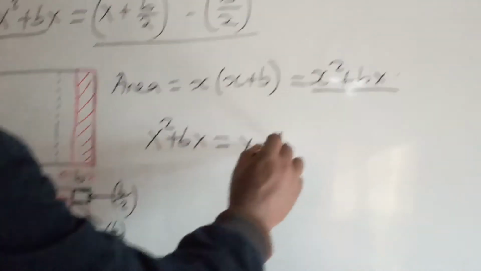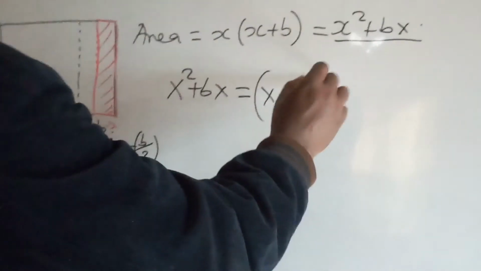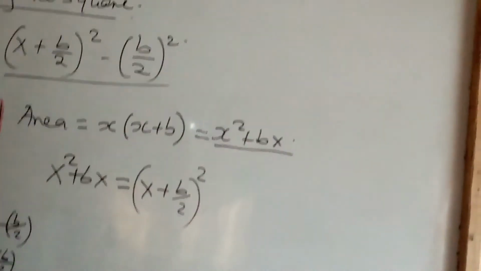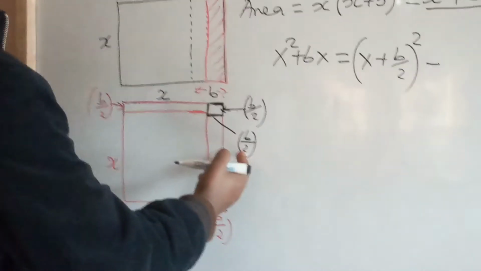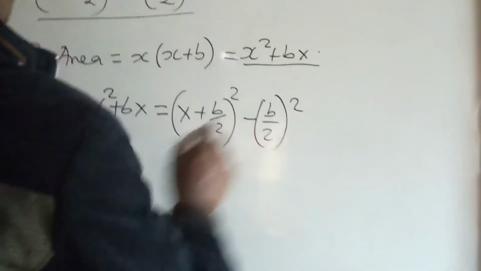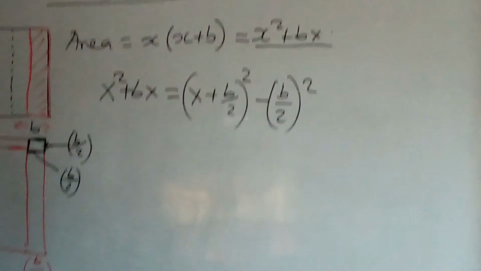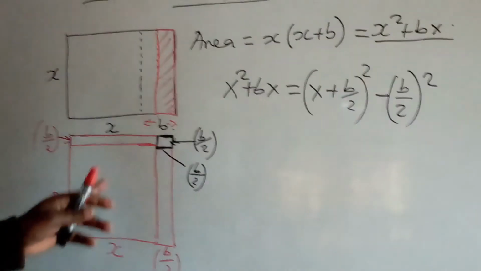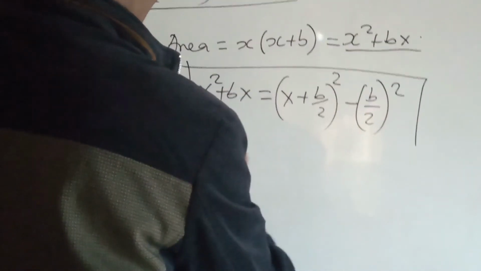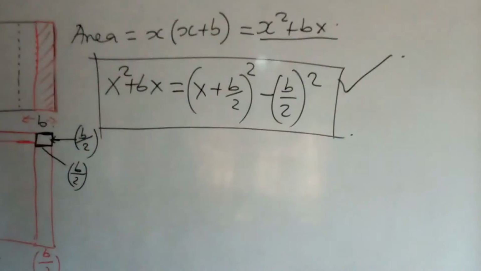And what we have there is x plus b over 2 squared, because this is the same length, minus the portion b over 2 times b over 2, which is b over 2 squared. Because the area of the original figure should be equal to the area of the new figure, it is mathematically correct and quite convincing.